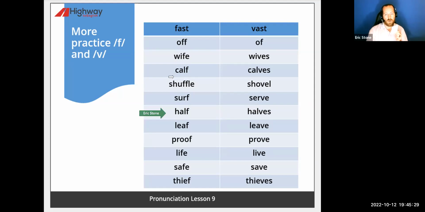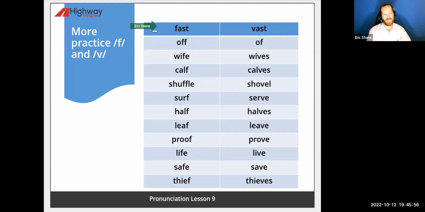The next one, leaf, leave. Proof, prove. Life, live. Remember, this is the I sound, life, and live. Safe, save. Thief, thieves.